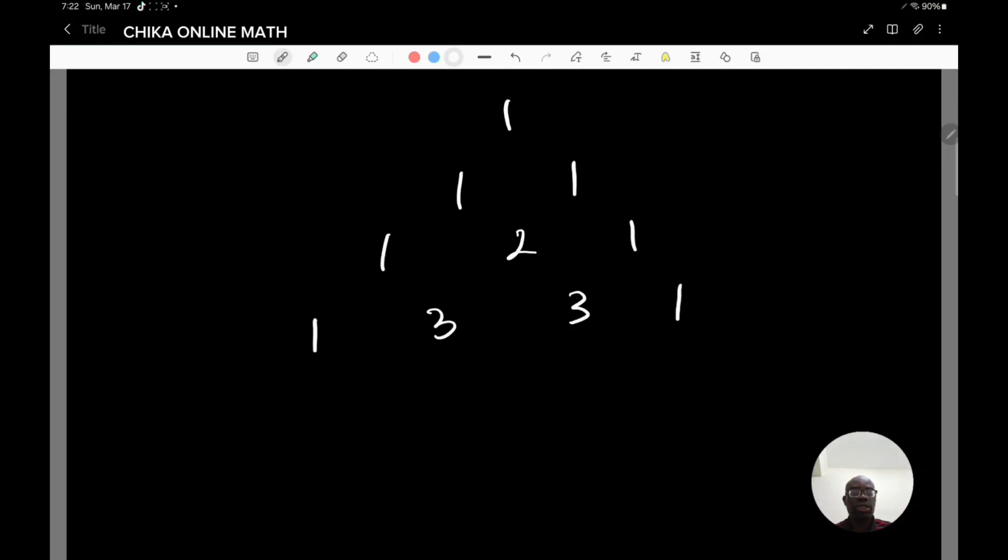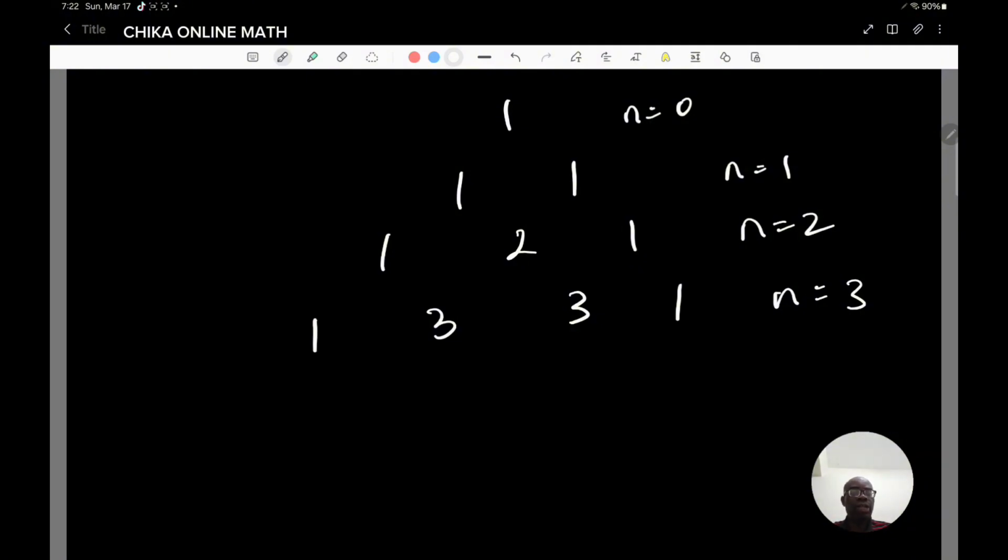Notice that in this Pascal's triangle, the first row is for n equal to 0, the second is for n equal to 1, the third is for n equal to 2, and the fourth is for n equal to 3. Now, observe something: in Pascal's triangle, it always starts with 1 and ends with 1.